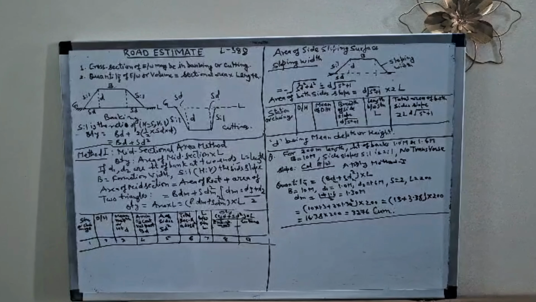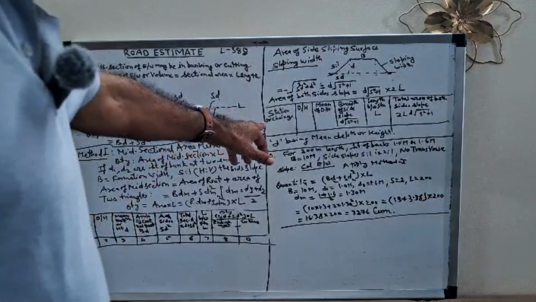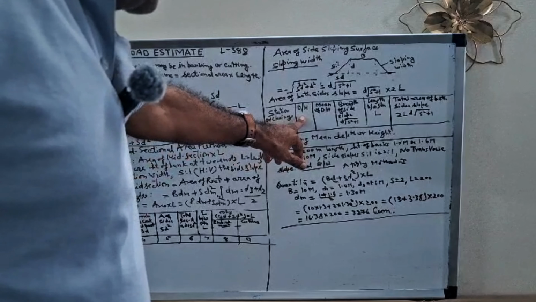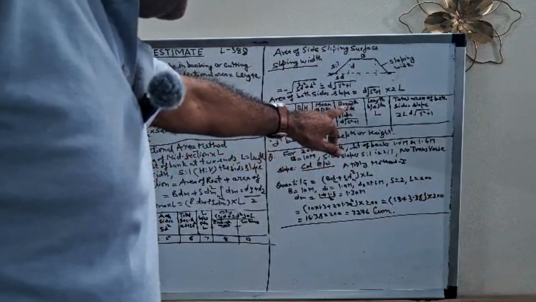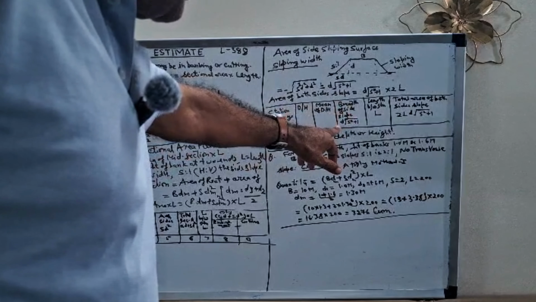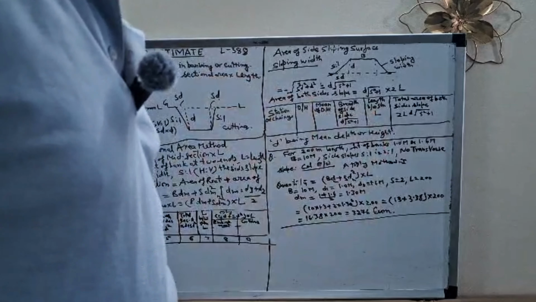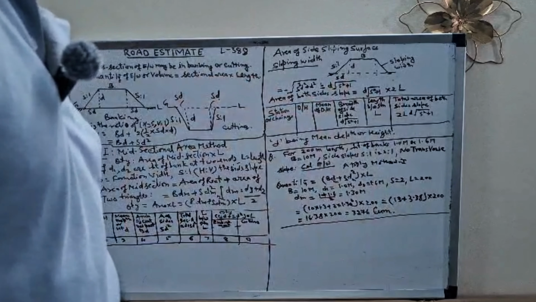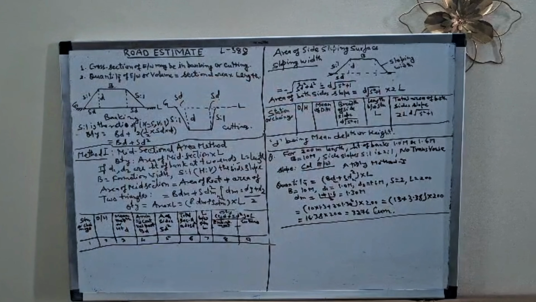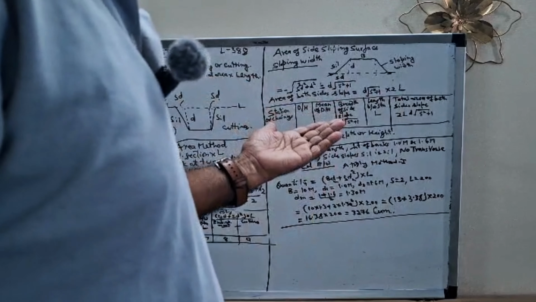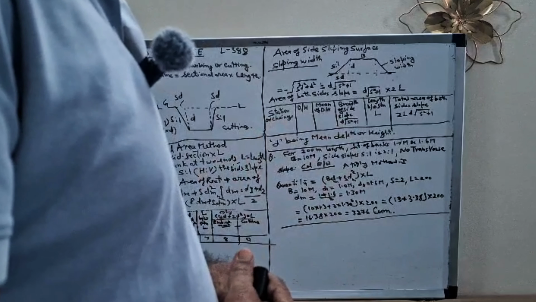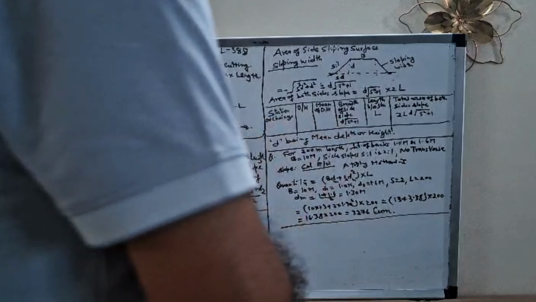This can also be tabulated: station or chainage, mean depth, width of the side slope D root over S square plus 1, and length L between stations. You can find the total area of both sides and side slopes into length. This is the quantity.